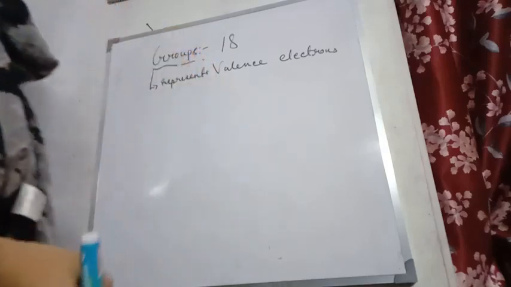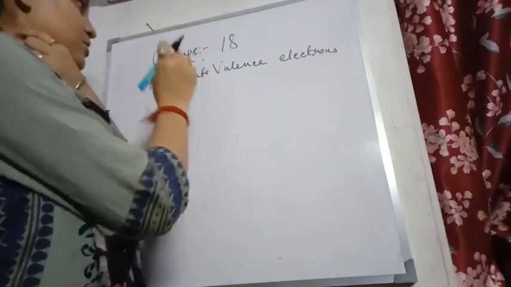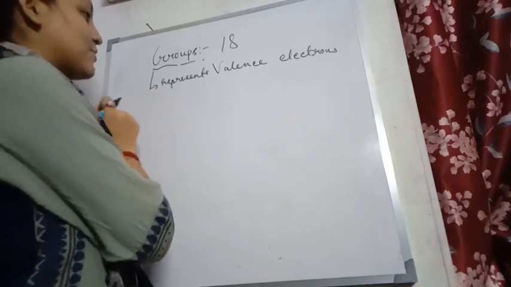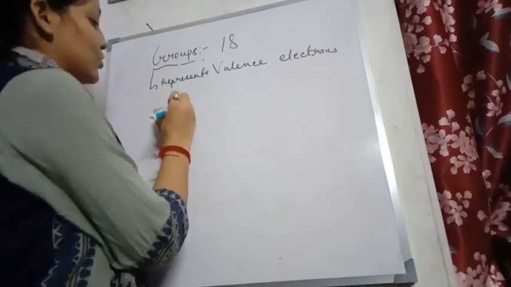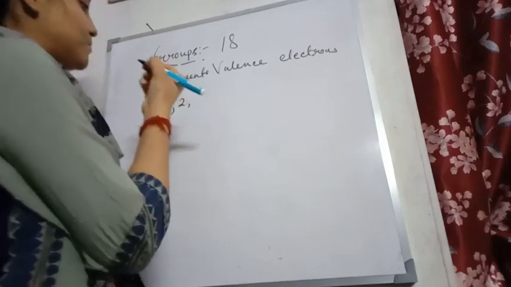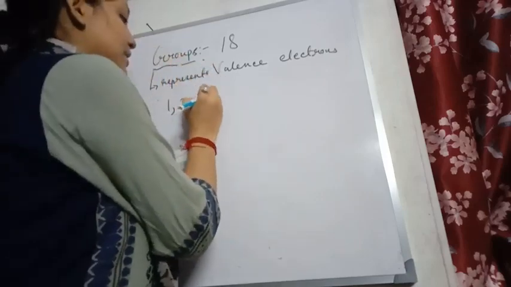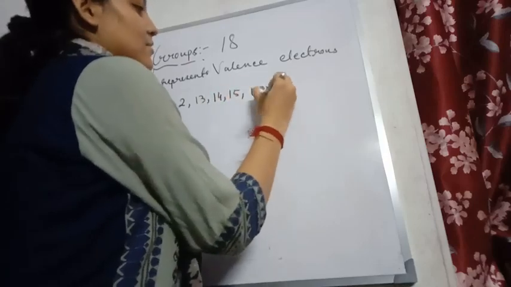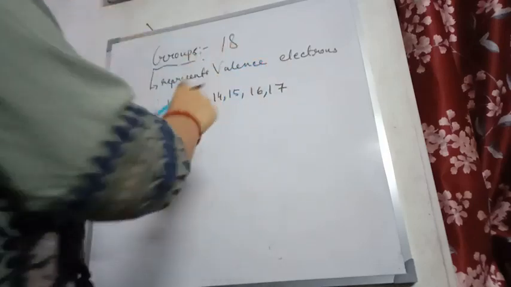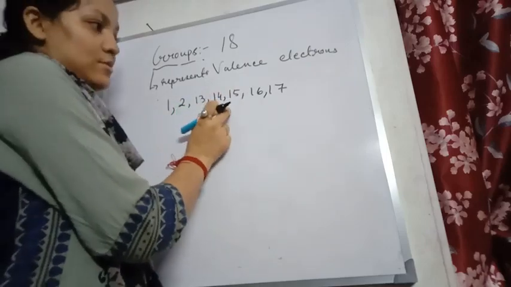Now we'll speak about the groups that we have. Group number 1, 2, 13, 14, 15, 16, 17. These are all the modern notations.